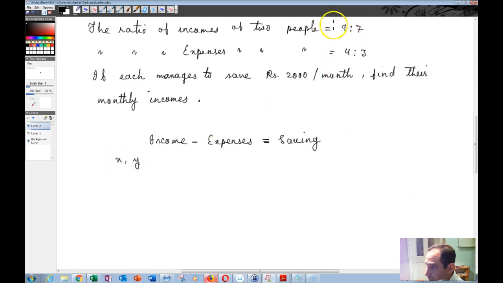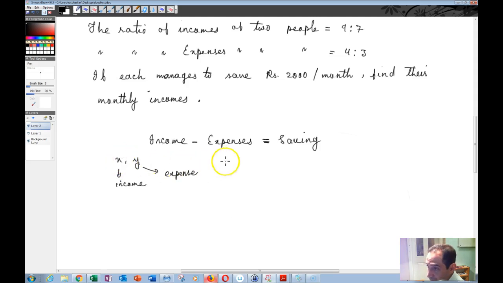If I use the variable x for the income over here, and use the variable y for the expense over here. Of course, right now this is just a vague idea in my mind. Let's see how it actually works out.